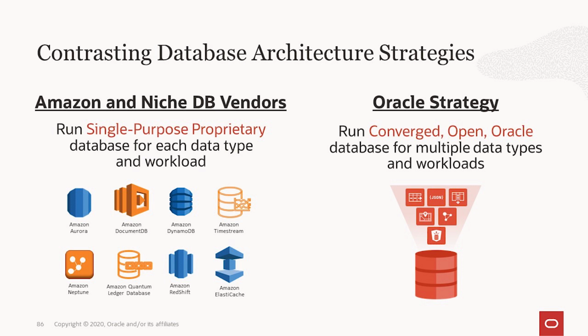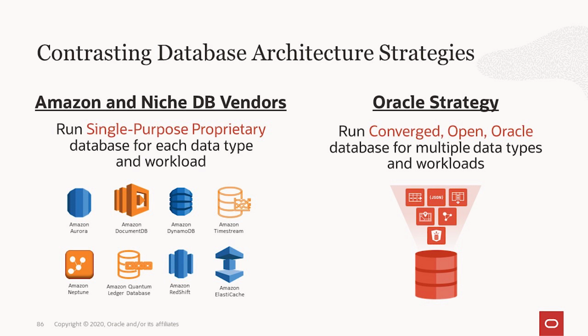For example, vendors like Amazon and niche database vendors promote using single-purpose proprietary databases for each data type and each workload. So you have a database for OLTP, another database for documents, another database for IoT, another database for time streams, another database for analytics, another database for blockchain, etc.